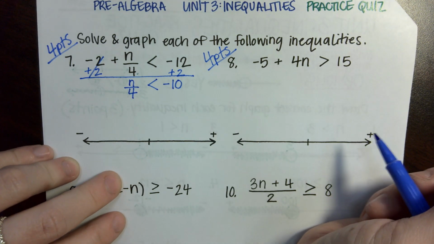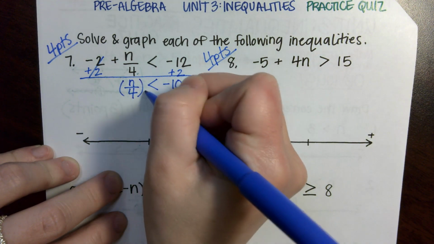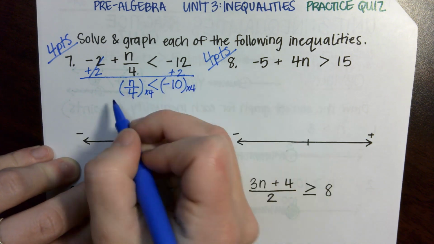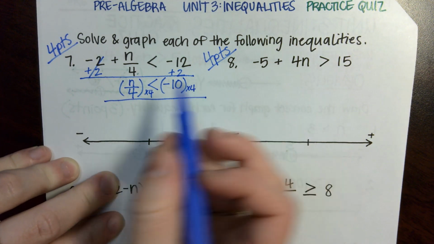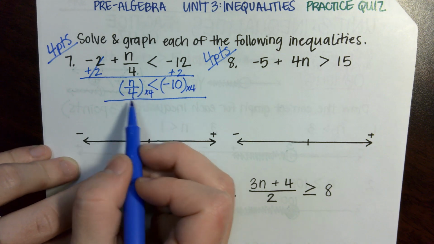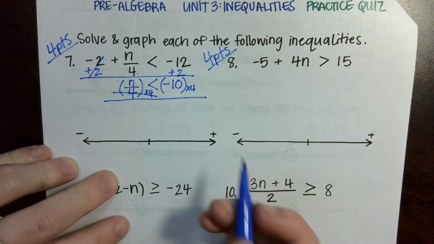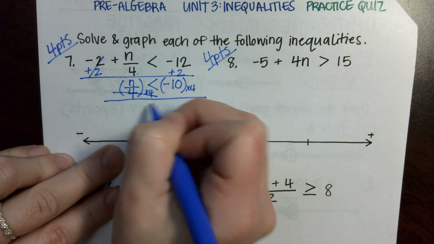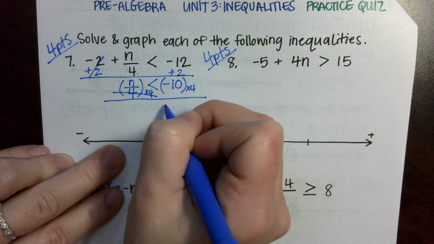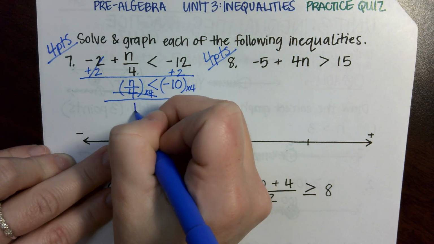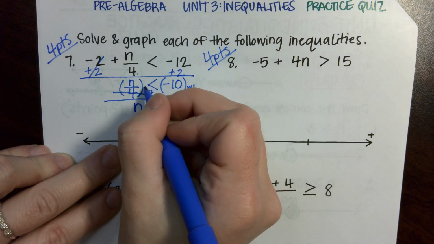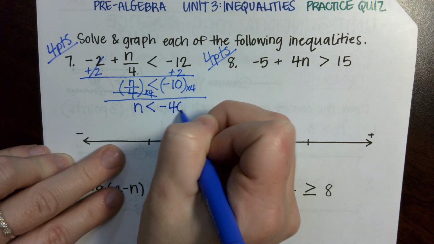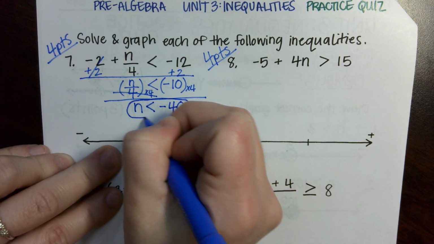Times 4 on both sides. What happens to my 4's over here? They cancel. Good. So I'm left with what? Negative 10 times 4. What's that? 40. Good. So I have n is less than negative 40. And I circle my answer.